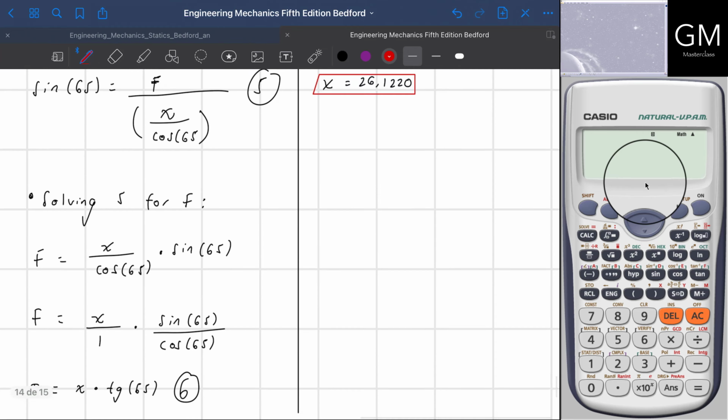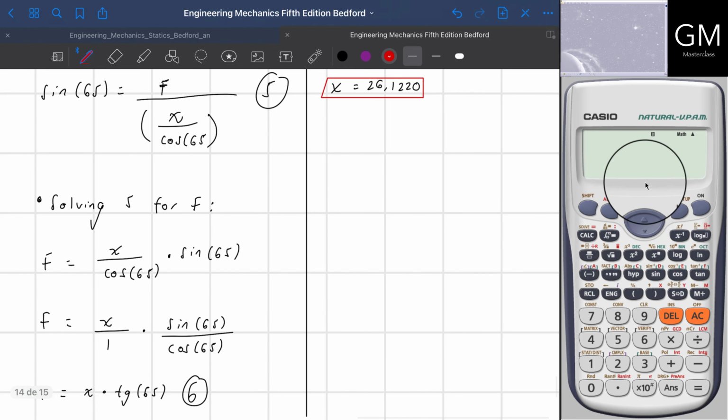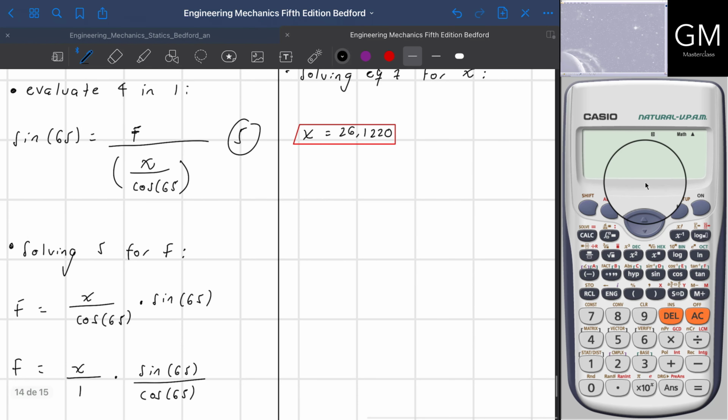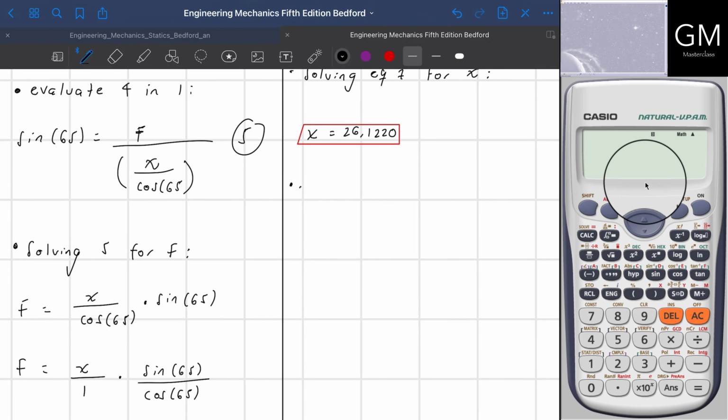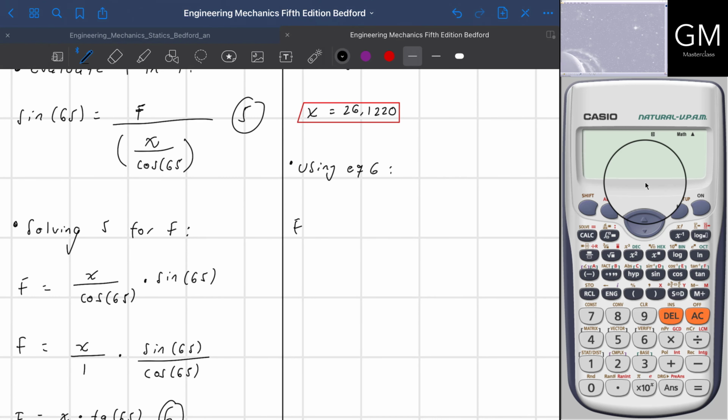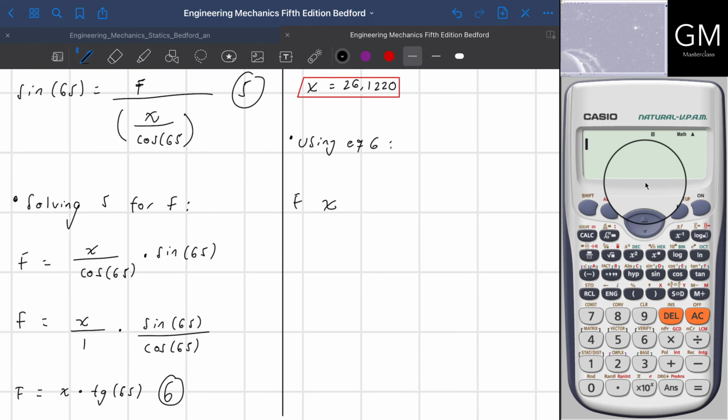Now I'm going to start using the equations that I've done before. So in this case I'm going to use equation 6. So using equation 6, f is equal to x multiplied by the tangent of 65.